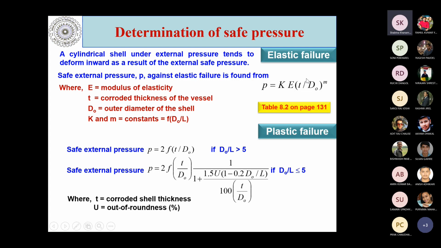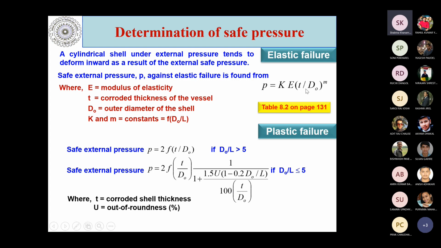Now this T I will put over here in the safe pressure expression. DO by L, whether it is more than 5, less than 5 or equal to 5, you can check, there is no issue.